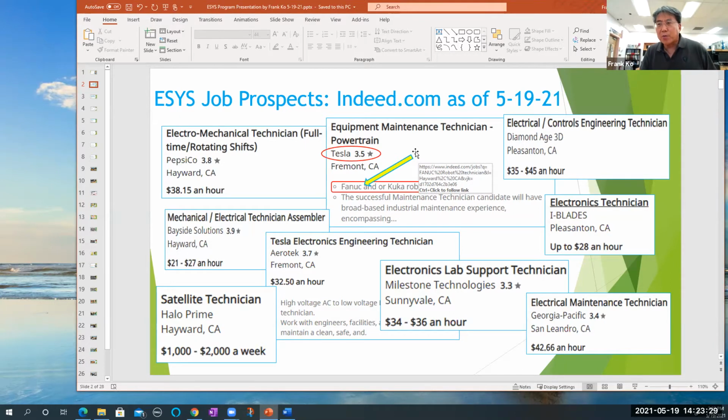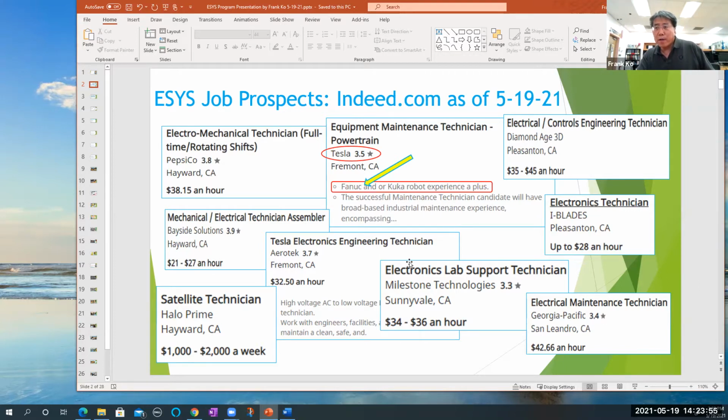What can you do with what you learn with the certificates? These are some of the jobs that are in industry as of an hour ago when I pulled this information off of Indeed.com. Tesla's a really big one. We'll talk about this one in a little bit. It points to FANUC. FANUC is a very, very robust industrial robotic device, and we do have a FANUC robot here that we use for training.